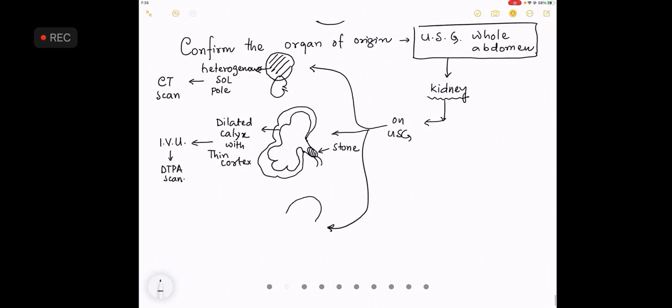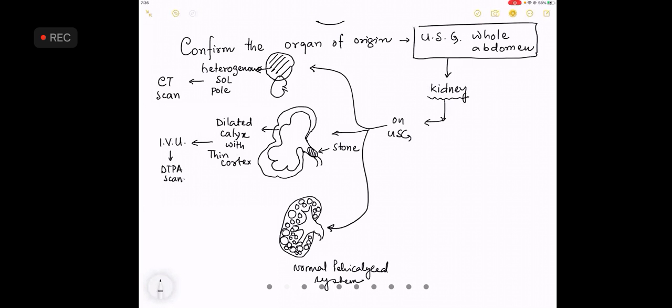Whereas, if the kidney shows a normal pelvicalyceal system, then why did the kidney get palpable? Because of IVU, intravenous urogram. Guys, you are not reading the theory thing. Please, I request you to read the theory. We have discussed them in details in theory.